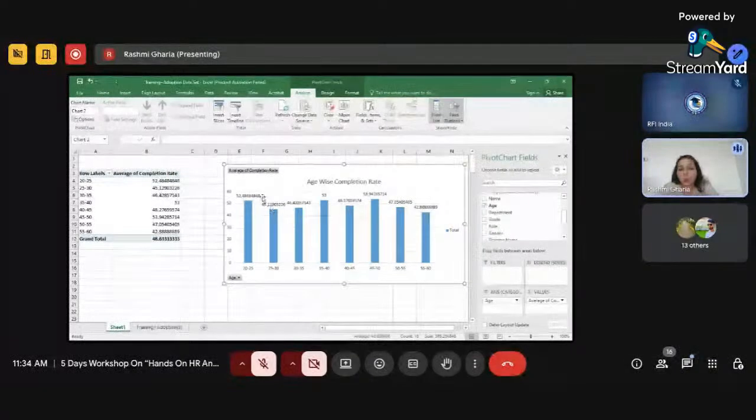So why are these people not adopting the training program? This is something that is questionable. So this way you can see the pattern in the data and get the insights. But there can be multiple reasons.